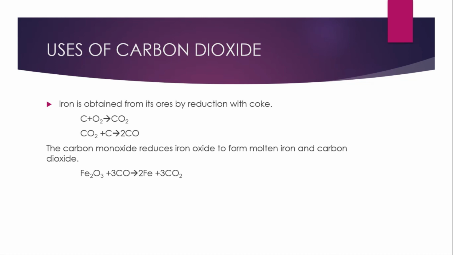LPG is a better, cleaner source of energy because it has a higher calorific value, and it's more environmentally friendly because it produces less carbon dioxide than normal oil or coal fuel. Also, it doesn't contain sulfur, so it's considered a clean fuel.